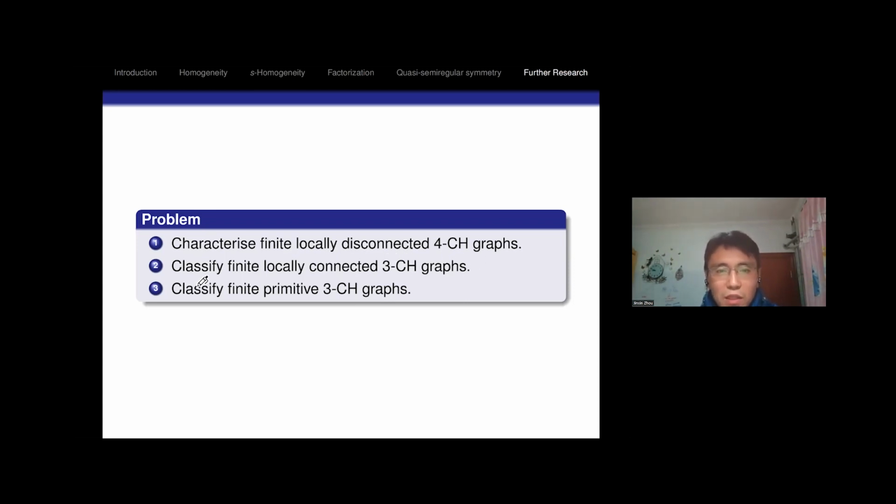And secondly, I think it would be interesting to classify finite locally connected SCH graphs. And another interesting problem, I think, is to classify finite primitive SCH graphs.